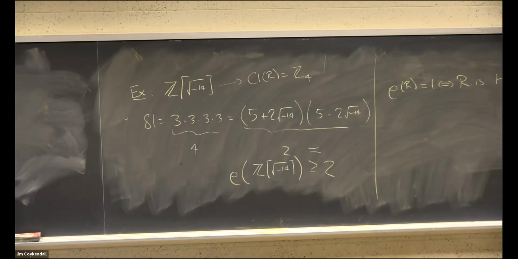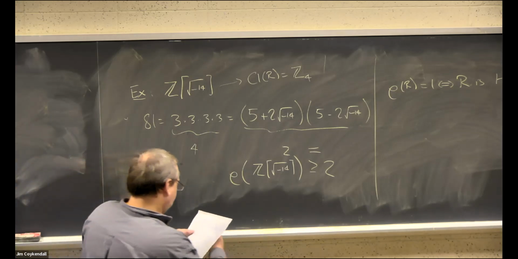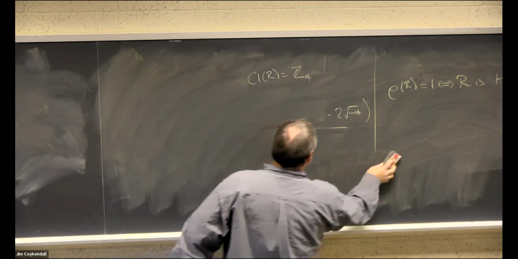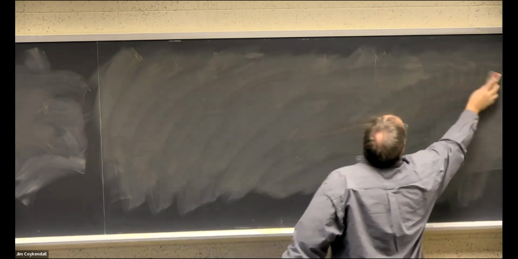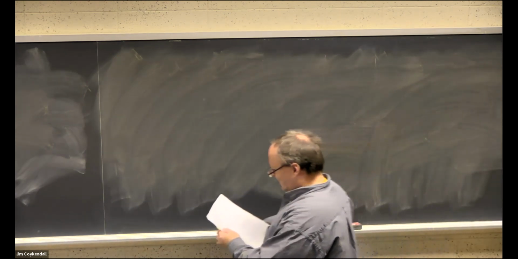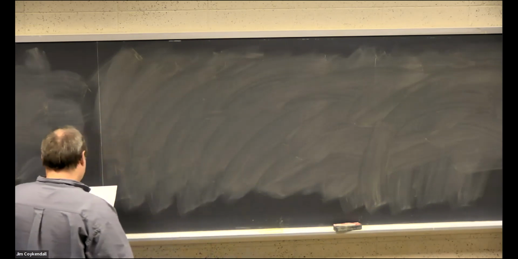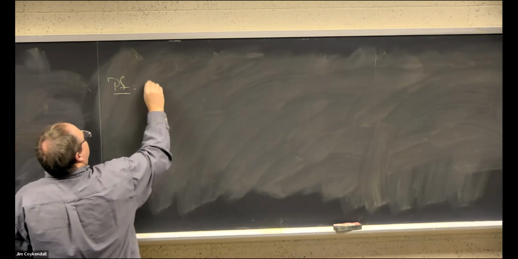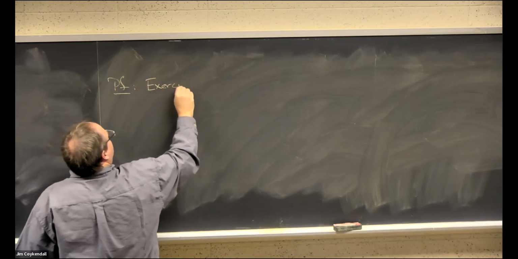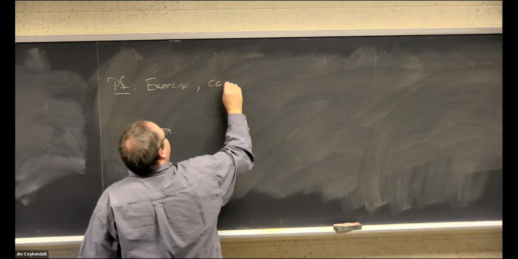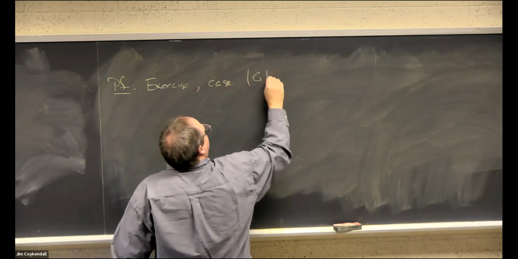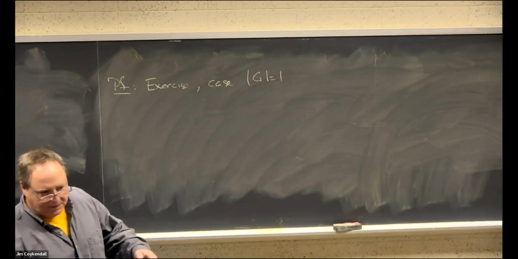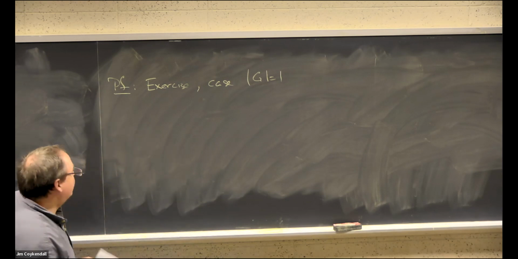But okay, so let's prove this theorem. I want to use one more kind of sample, and then that'll be that. So for this proof, exercise: the case of G equals 1 is pretty straightforward, so see if you can figure that one out.